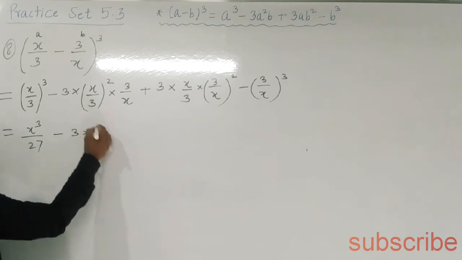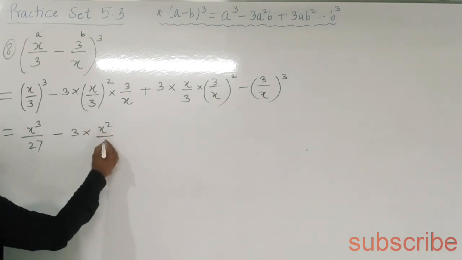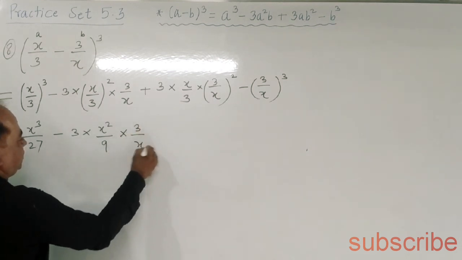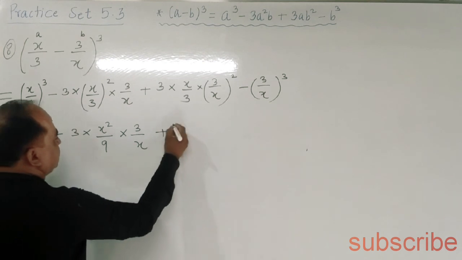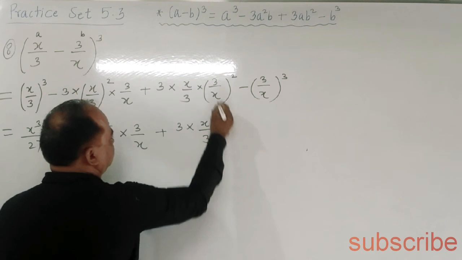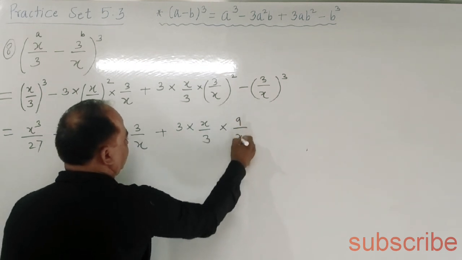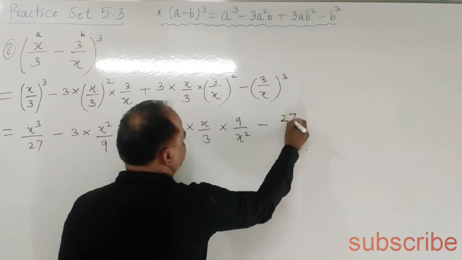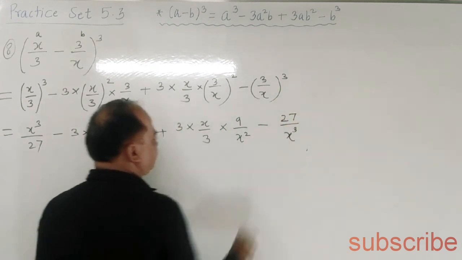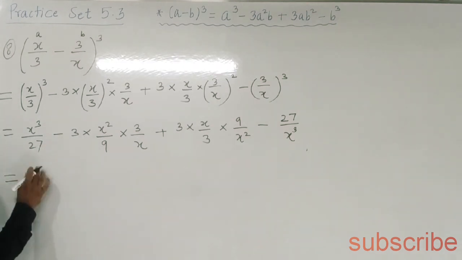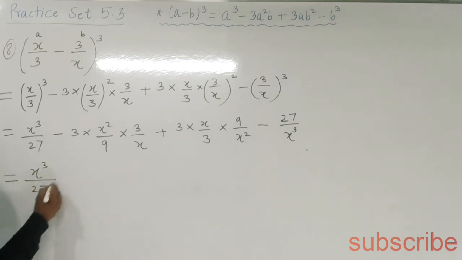minus 3 times x square upon 9 into 3 upon x, plus 3 into x upon 3 into 9 upon x square, minus 27 upon x cube. So which is equal to x cube upon 27.